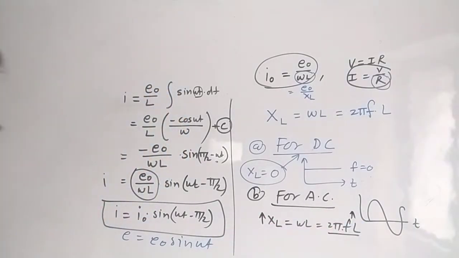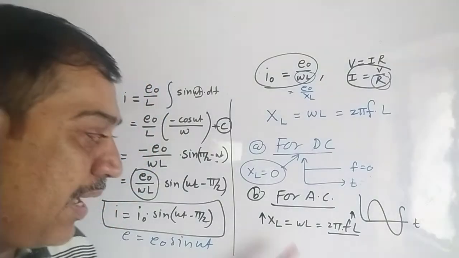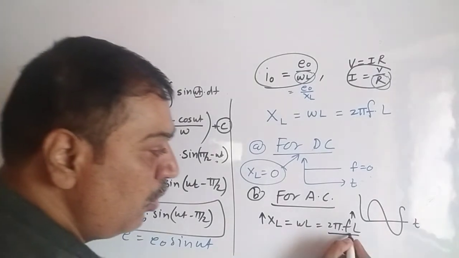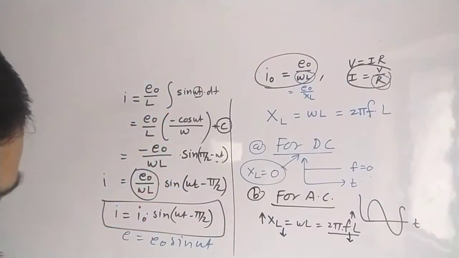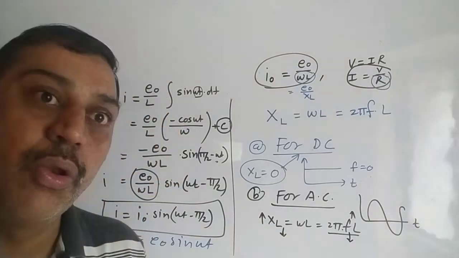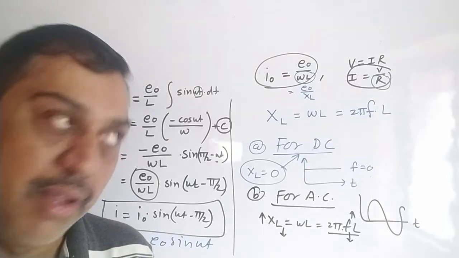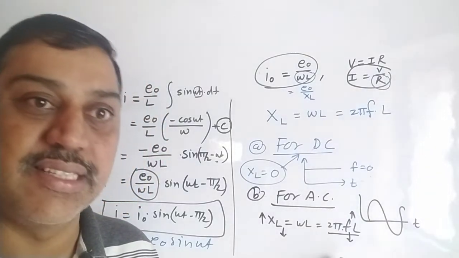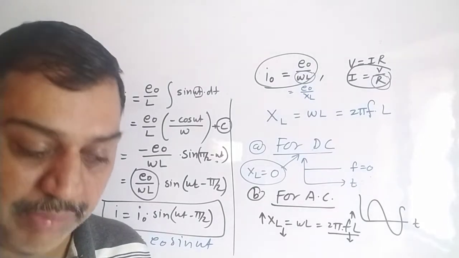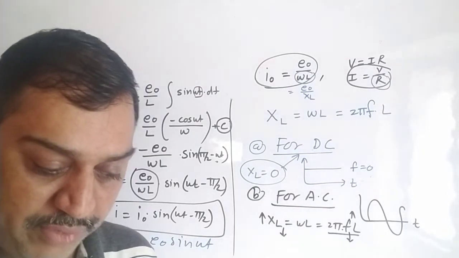Higher frequency signals are opposed by the inductor, while lower frequency signals are passed by the inductor. So the inductor can pass low frequency AC signals, but it will block or oppose high frequency AC signals from passing. That is similar to the capacitive reactance we have seen.